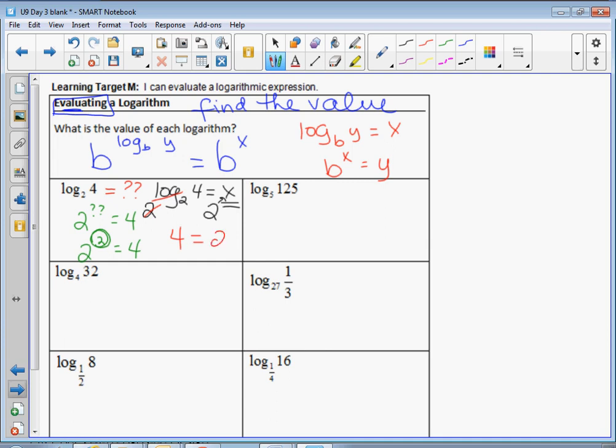I'm just left with 4 on the left, and we have 2 to the x on the other side. We convert 4 into 2 squared, so both sides have the same base. So 2 squared equals 2 to the x. Well, they have the same base, so take the exponents and set them equal to each other. So 2 equals x. 2 is the value of this log.